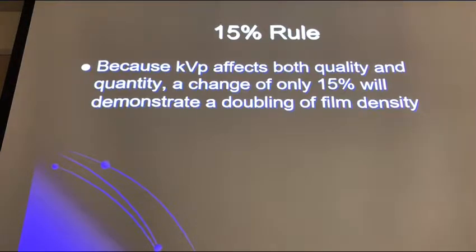The 15% rule works if you are between, and these are approximate ranges, if your KVP is approximately between 70 KVP all the way up to about 85, 83, somewhere around there.